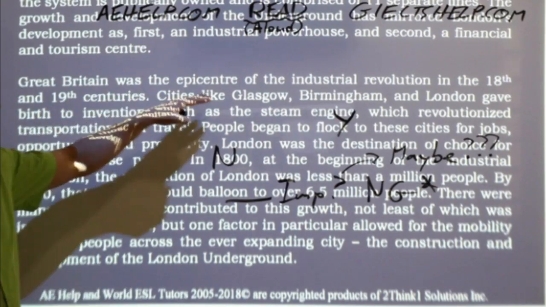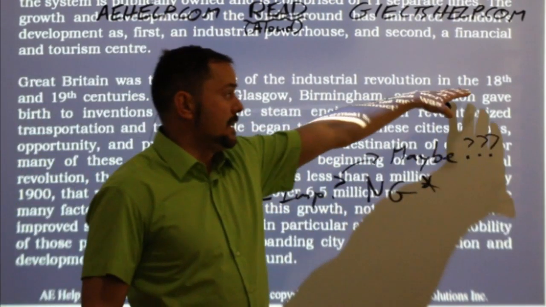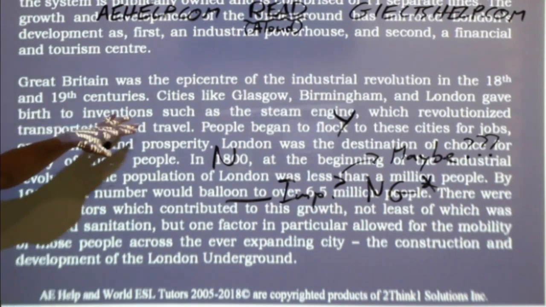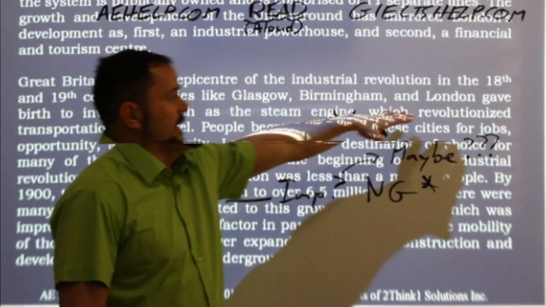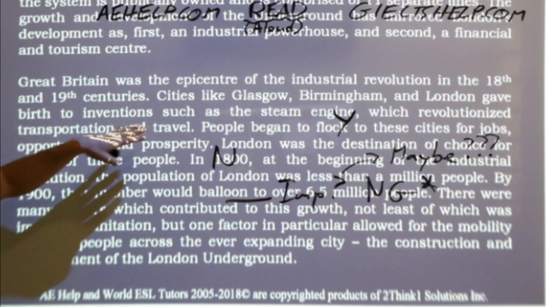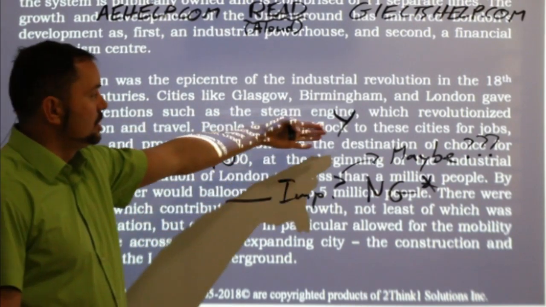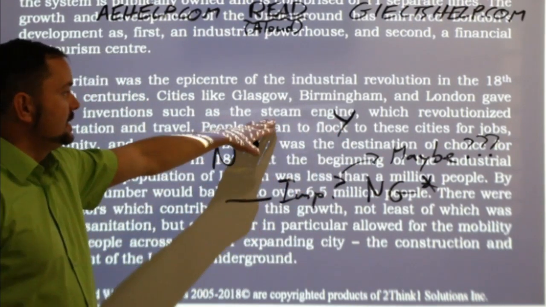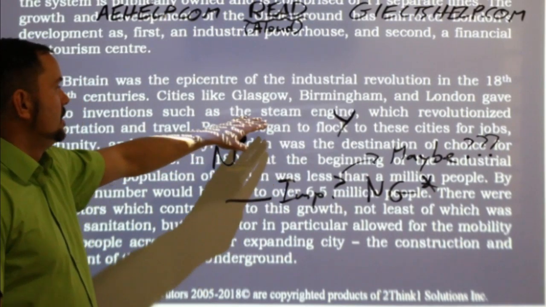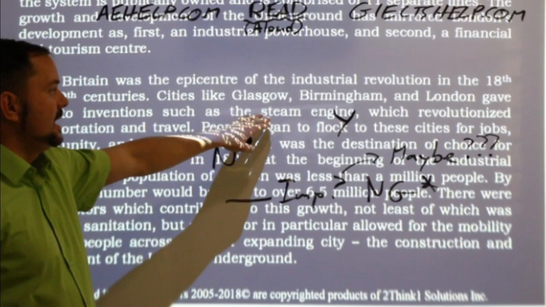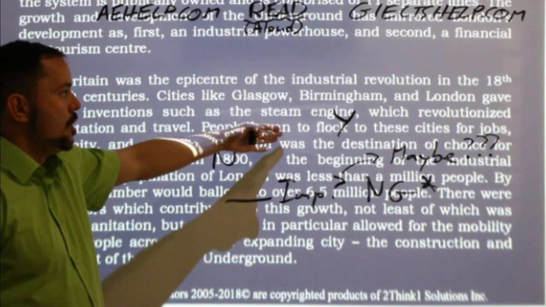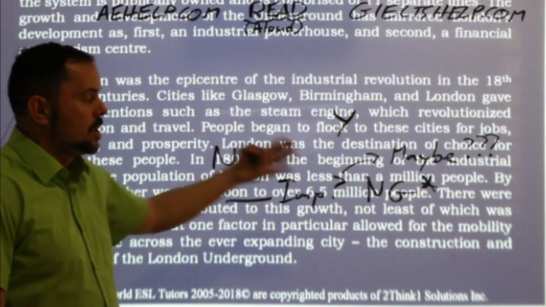Great Britain was the epicenter of the Industrial Revolution in the 18th, 19th centuries. Glasgow, Birmingham, London gave birth to the inventions such as the steam engine. Okay, but it doesn't tell me that London gave birth to the steam engine. It says cities like. So we don't know exactly which one, so it's not given.